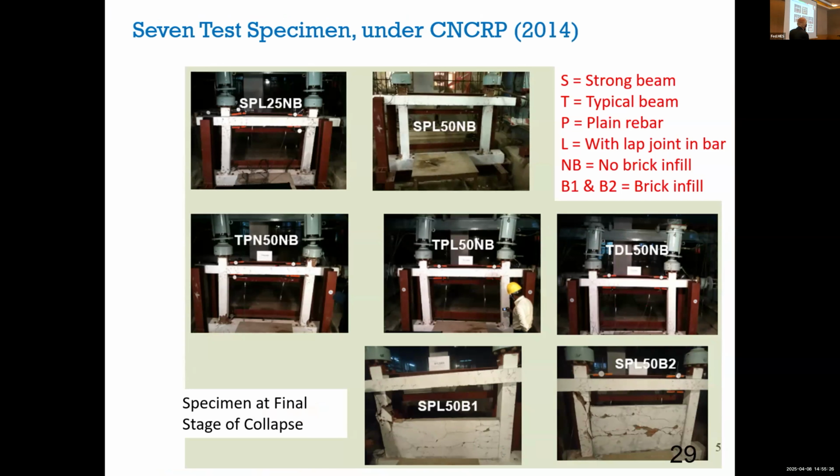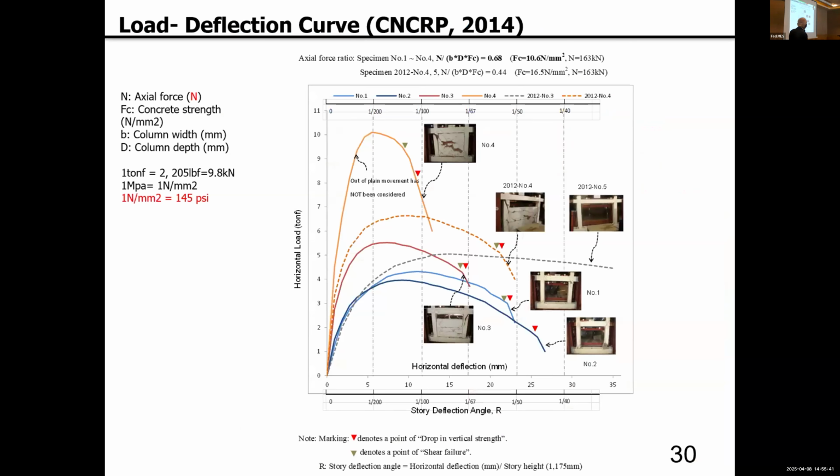We prepared seven test specimens like this, bare frame and including infill masonry. Lateral load testing was done, and finally we got these load deflection graphs defining the properties of all those frames.